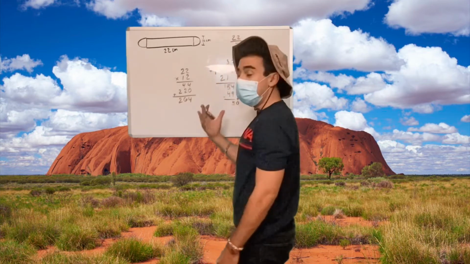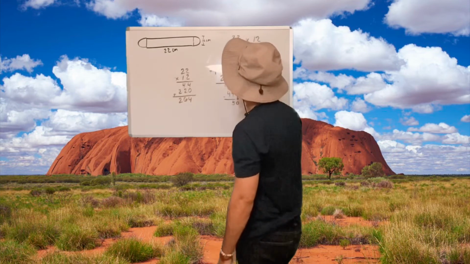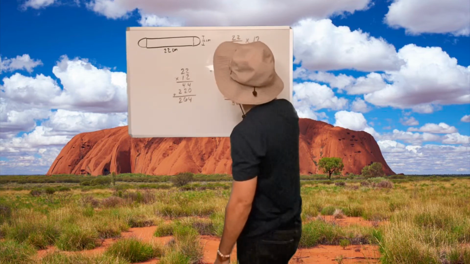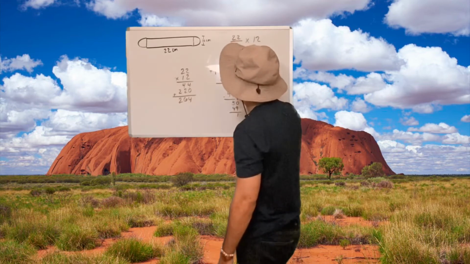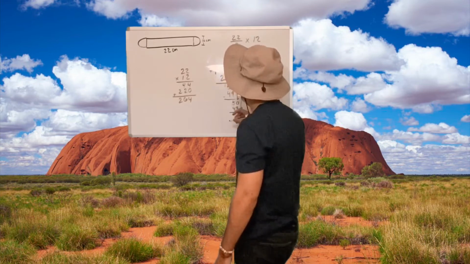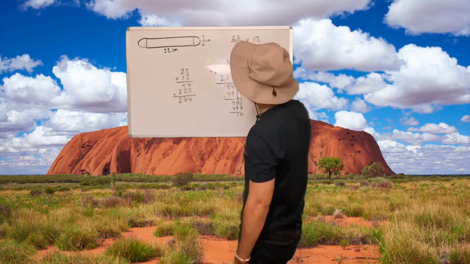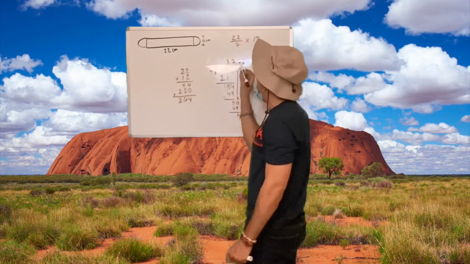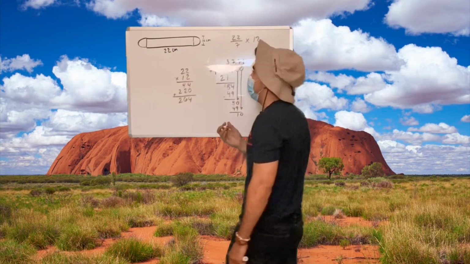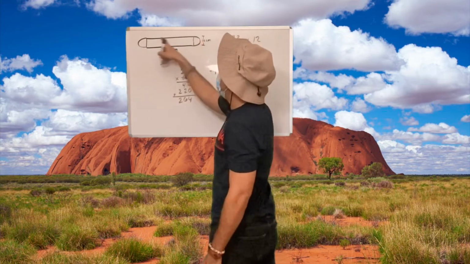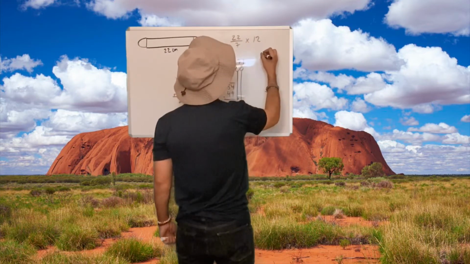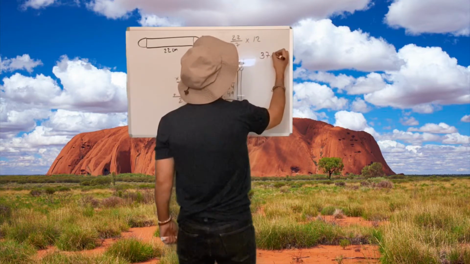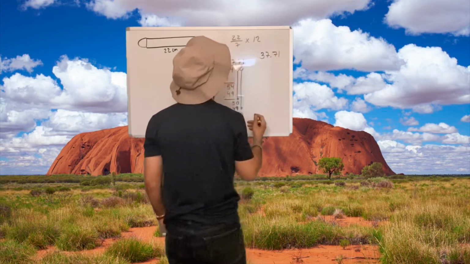Now, 7 goes into 50 again 7 times, and 7 times 7 is 49. Have 1 left, add in a 0, and I have 10. And 7 goes into 10 one time. Ding, ding, ding. I'm in the hundredths place, so I'm going to stop there. So now I have the circumference of both semicircles combined, and that is 37 and 71 hundredths.